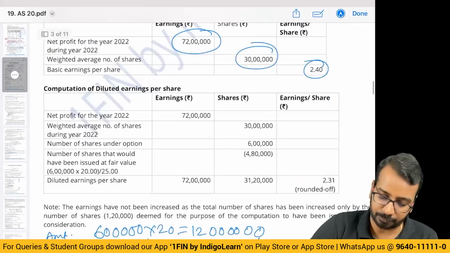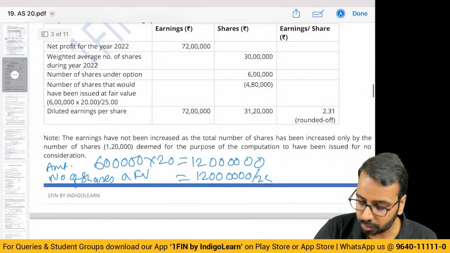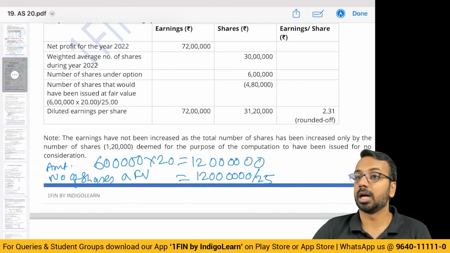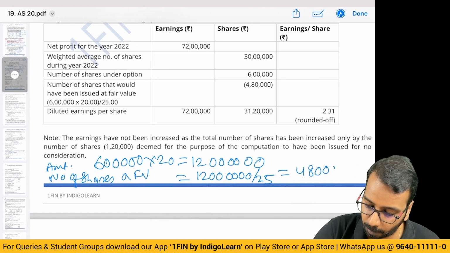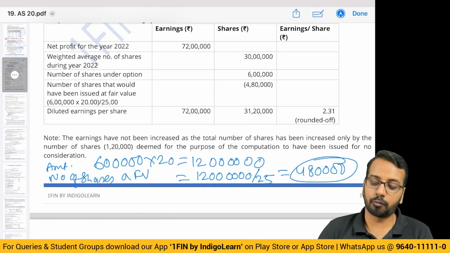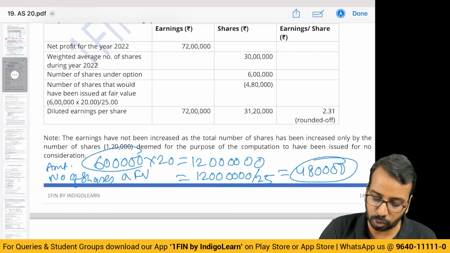Fair value is 25. So 1.2 crores divided by 25, if I do, I get 4,80,000. This is the full value shares.